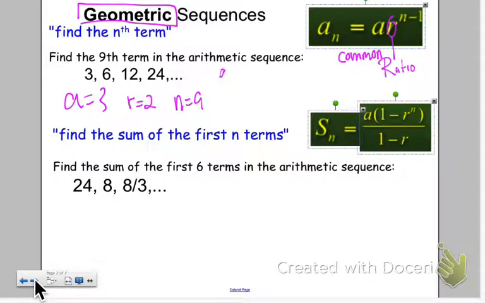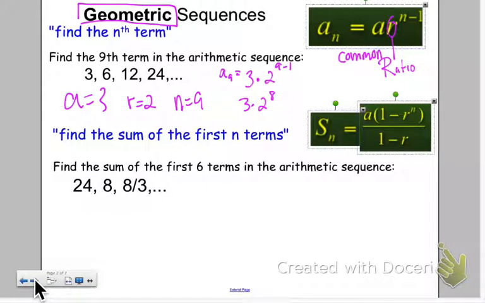So a sub 9 is, we have the first number, 3, times the common ratio of 2 to the n minus 1, so 9 minus 1. So it's 3 times 2 to the 8th.